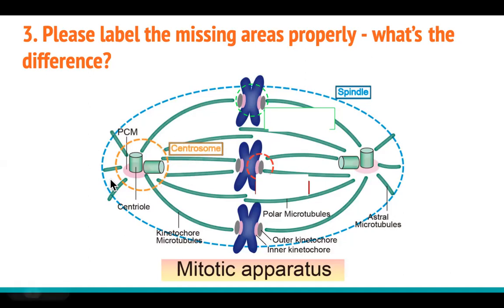So those are the spindle poles going to the chromosomes. What about this? I think this is next. The red area. It's pointing to these two ovals. Nice. And then lastly, the kinetochores are in what area?